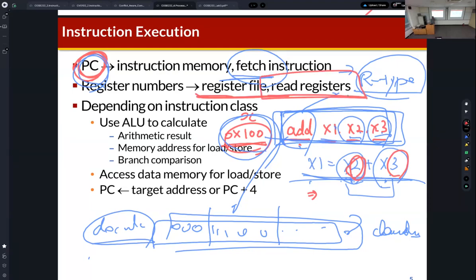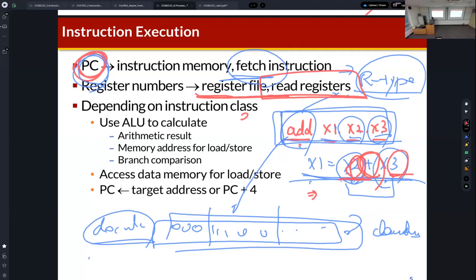Then what is required? So the required data are ready for execution, and the next step is execution, right? Because the data is read from the registers and is ready, then we can execute the addition. In chapter 3, we learned about the basic arithmetic hardware: adder, subtractor, multiplier, divider.